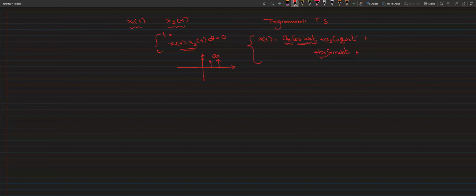If you take x of t, any signal, be it triangular, square, or sawtooth, you can represent it in terms of sine and cosine. I'm not sure if in your college you had a spectrum analyzer. If you pass any signal through a spectrum analyzer, you will see spikes at various frequencies.